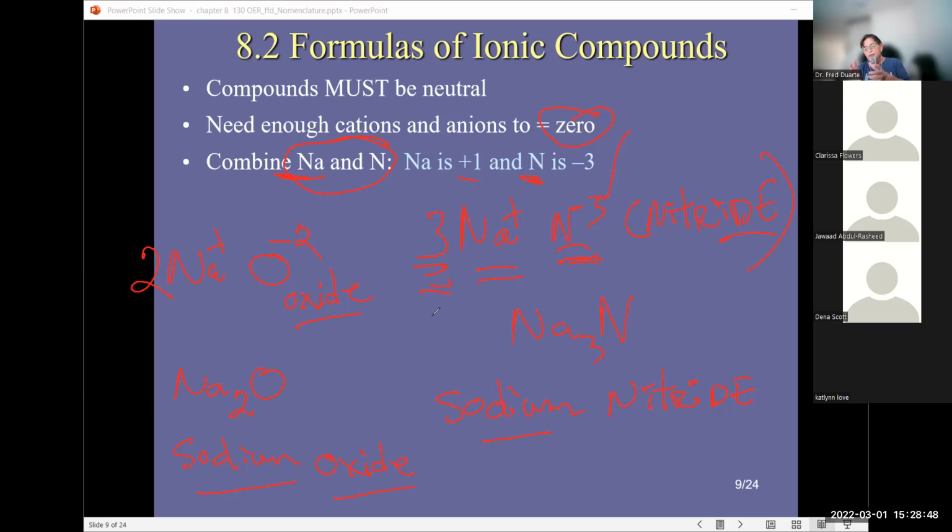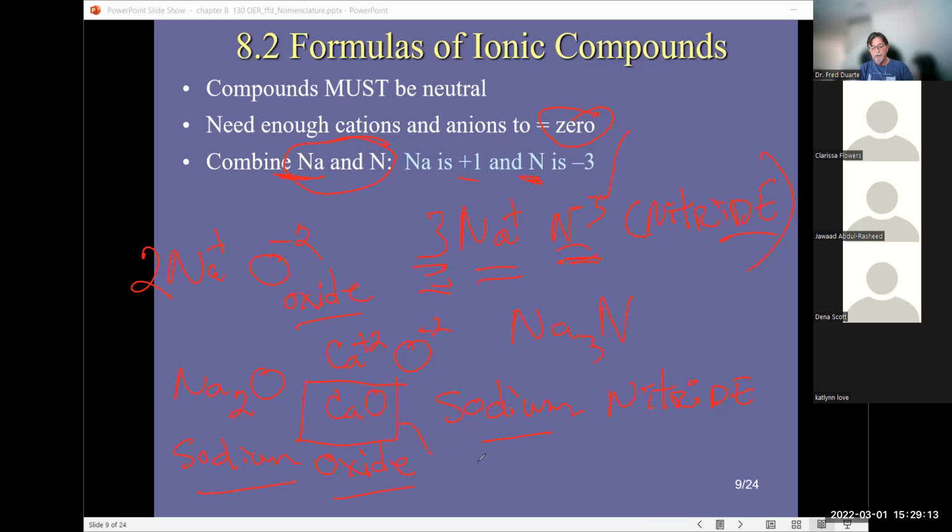And then you can easily move over to the next column because we know that calcium is a +2, right? And we go ahead and continue with the oxide, and the oxide is a -2. So when I put these together, the +2 cancels out the -2 of the oxide. So it's a simple 1-to-1. Its formula is simply CaO.